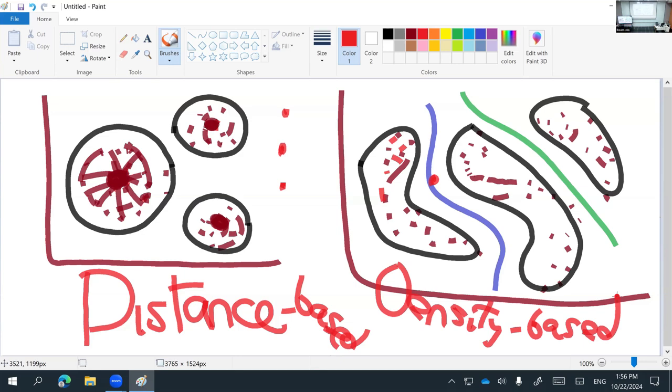Fortunately, if you can look and see this picture, can you tell which technique works for which data set? Yes. Am I going to use distance-based clustering for here? No. Right? Am I going to use density-based for here? Well, maybe you can, but you don't need to. So it's kind of like a judgment, but at least you can make a case.